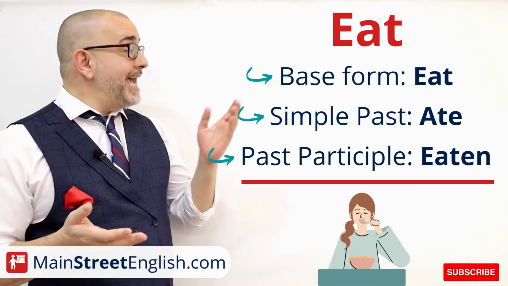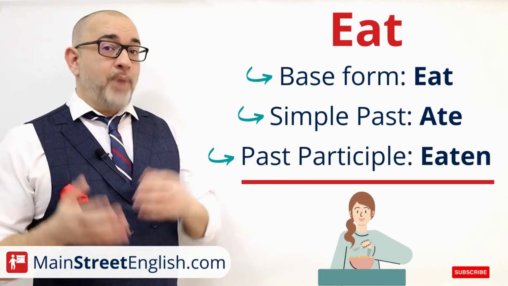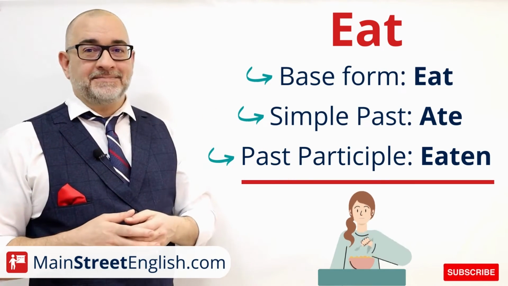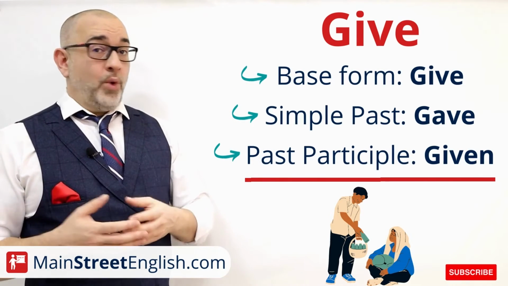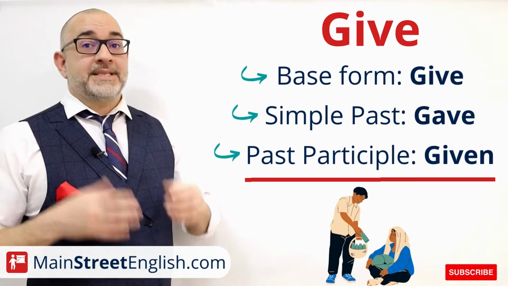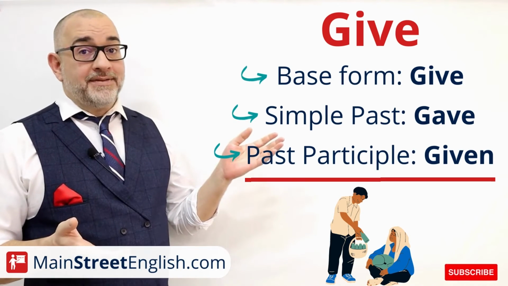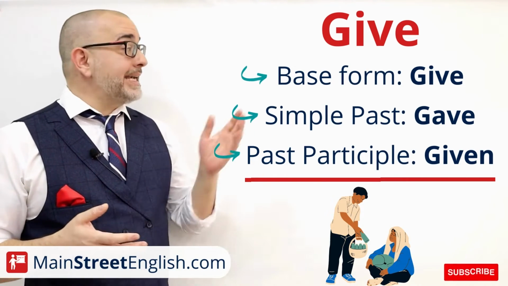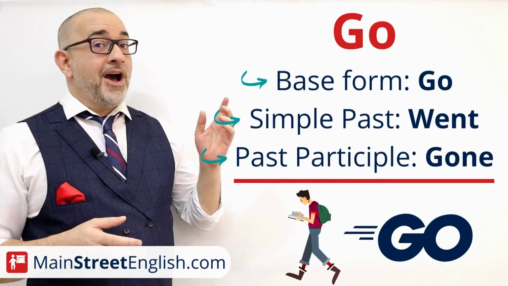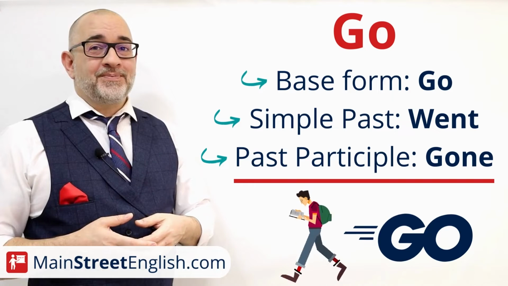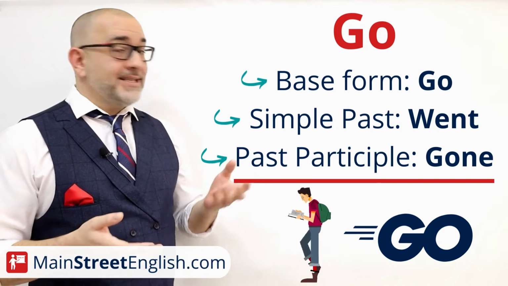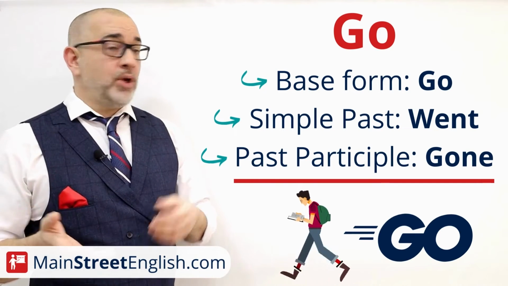Simple past ate. Past participle eaten. Give. Base form give. Simple past gave. Past participle given. Go. Base form go. Simple past went. Past participle gone.